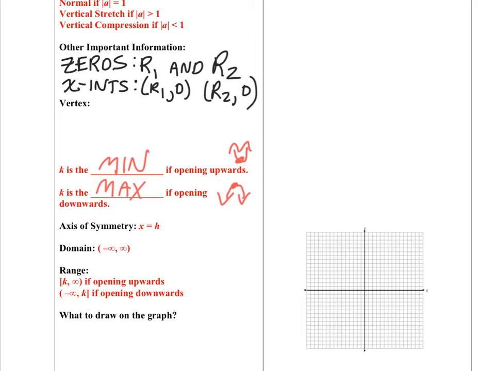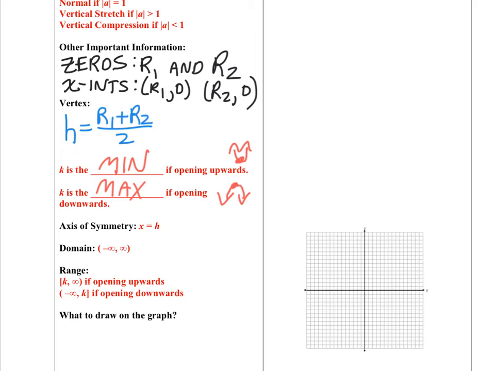Now, how do we go about actually finding the vertex? Well, we need to use the fact that all quadratic functions are symmetric about their axis of symmetry. If you're more of a visual person, you could just use the graph and count halfway between the two x-intercepts. If you're more of a formula person, in order to get halfway between the two x-intercepts, we can take the average of the two.